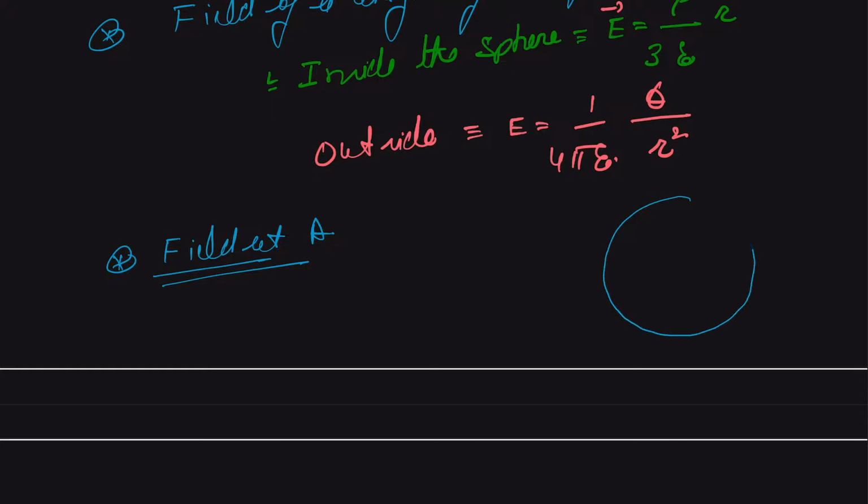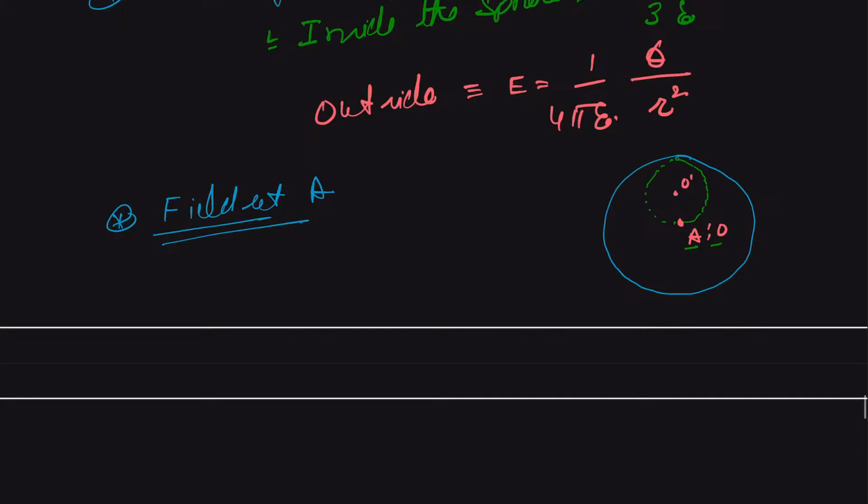So this is the big sphere and this is the cavity, and we are having point A, and this point A is also the center of the big sphere, and this is the center of our small sphere, that is O prime. Therefore we can say that the distance between A and O will be equal to 0.